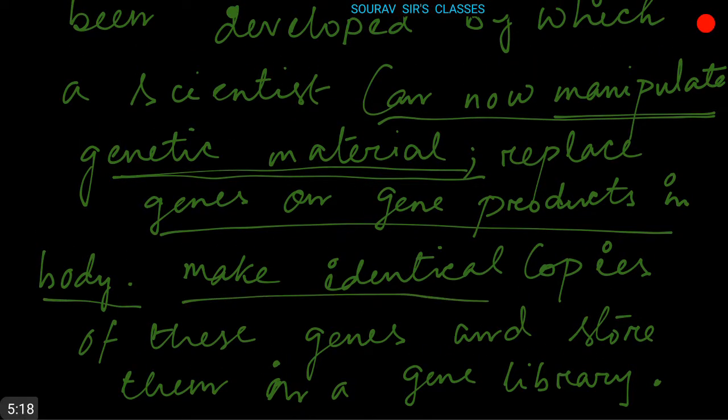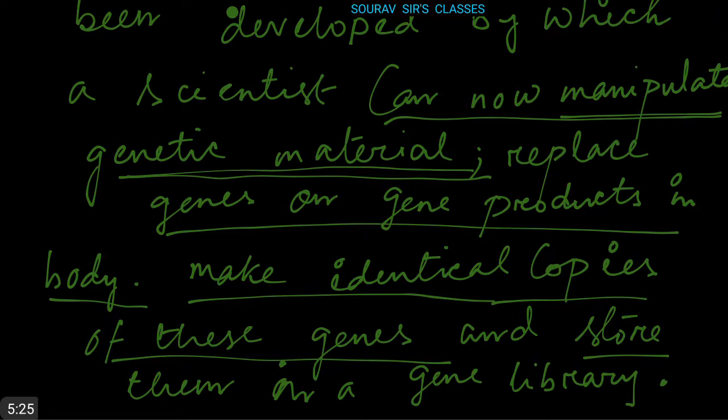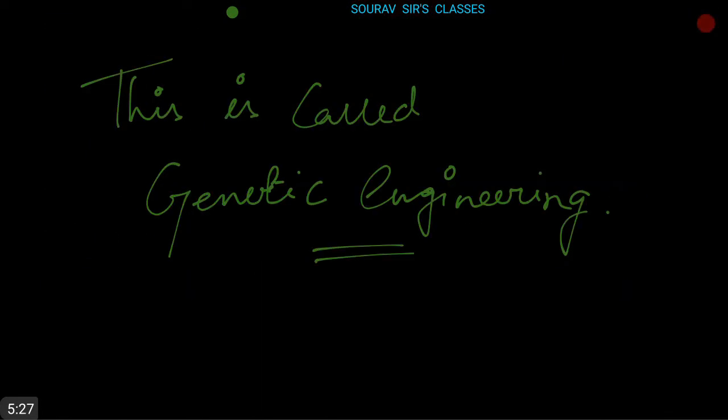Then a scientist can make identical copies of these genes and store them in a gene library, and this process is called genetic engineering.